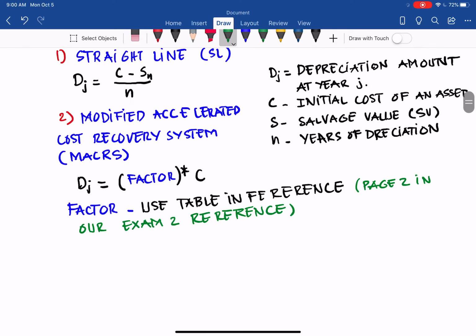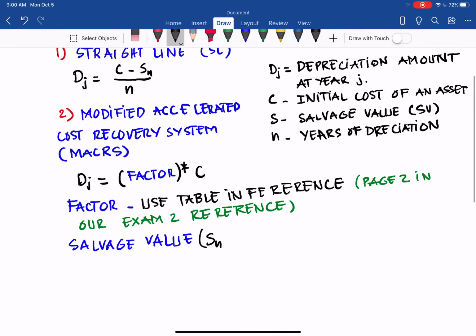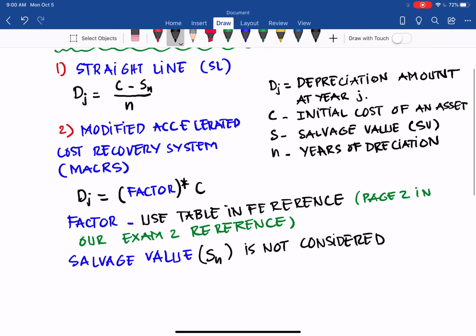And one thing that you can see in MACRS, the modified accelerated cost recovery system, is that the salvage value, Sn, is not considered. It is considered in the straight line method, but not in the modified accelerated cost recovery system.